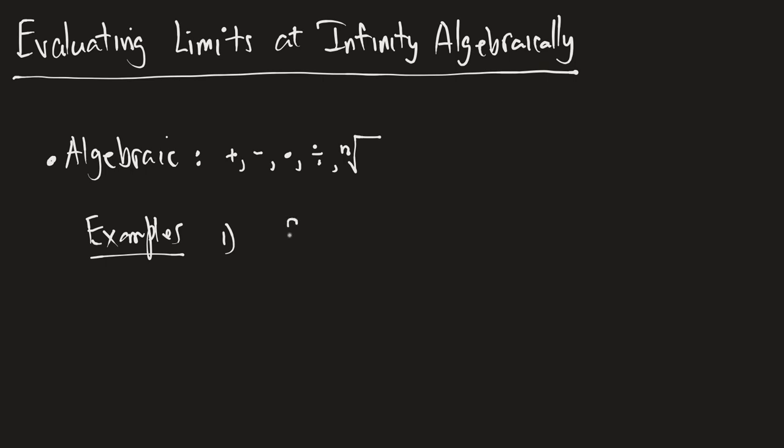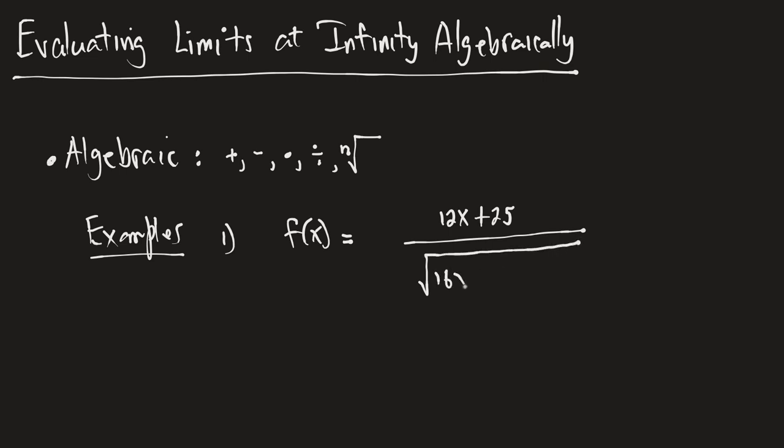Let's say this is our function: 12x plus 25 over, nothing new so far. But now in the denominator, let's put a root. Let's put the root of 16x squared plus 100x plus 500.